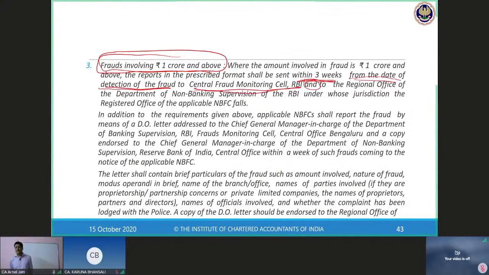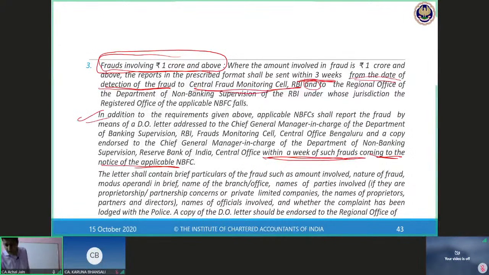In addition to the requirements given above, applicable NBFCs shall report the fraud by means of a letter addressed to the Chief General Manager in charge of the Department of Banking Supervision of RBI, Frauds Monitoring Cell, Central Office, Bangalore, and a copy endorsed to the Chief General Manager in charge of the Department of Non-Banking Supervision, RBI Central Office, within a week of such frauds coming to the notice of the applicable NBFC.